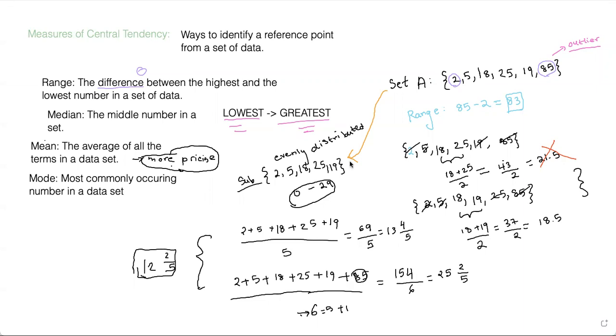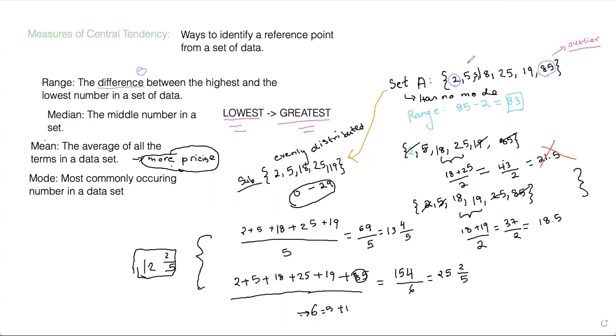So let's look at set A, right? In set A, I actually don't see any repeating numbers. So set A has no mode. But what we can do is, let's say we added a term to set A, and let's say we added another 5 to this data set.